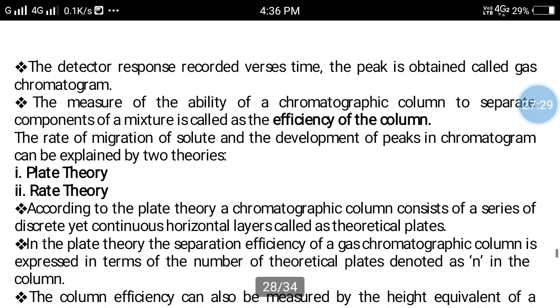The detector response recorded versus time, the peak obtained, is called a gas chromatogram. The measure of the ability of the chromatographic column to separate the components of a mixture is called the efficiency of the column. The rate of migration of solute and the development of peak in the chromatogram can be explained by two theories: one is the plate theory and second one is the rate theory.